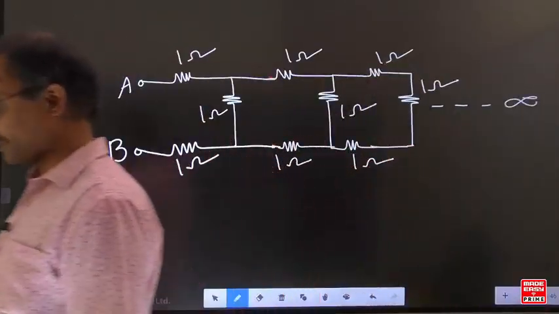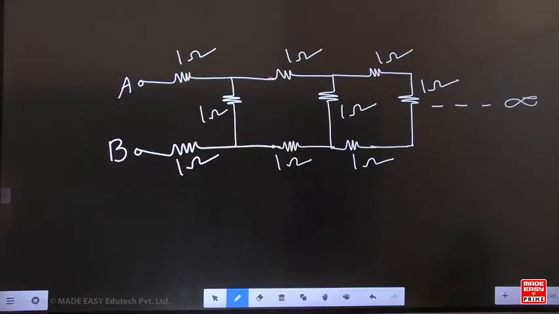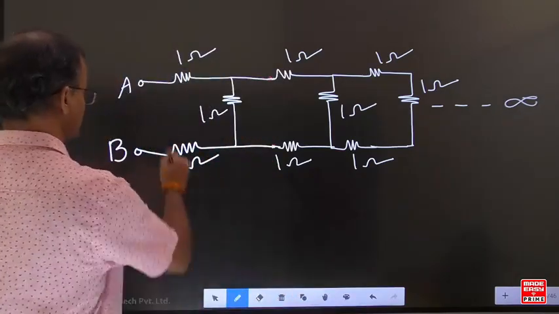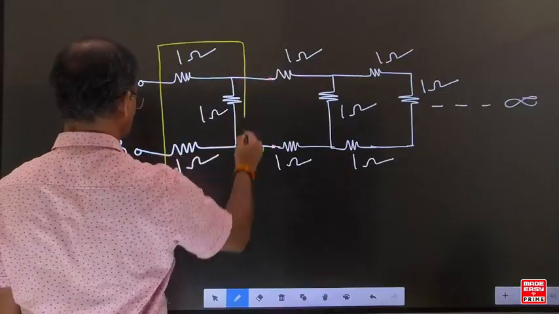Now find the equivalent resistance with respect to A and the B. Now corresponds example, carefully observe.